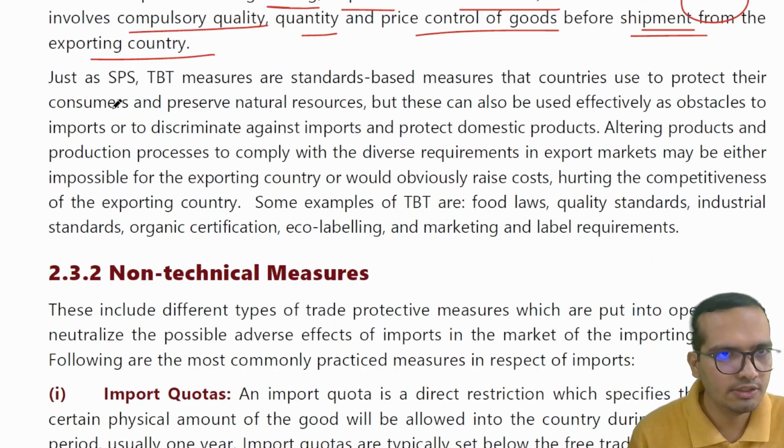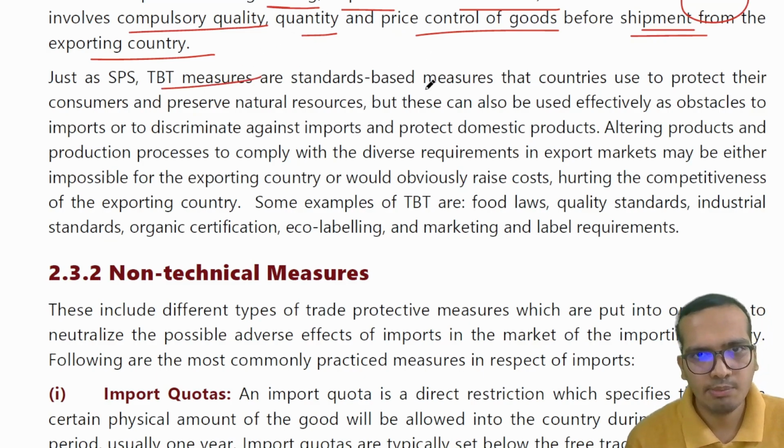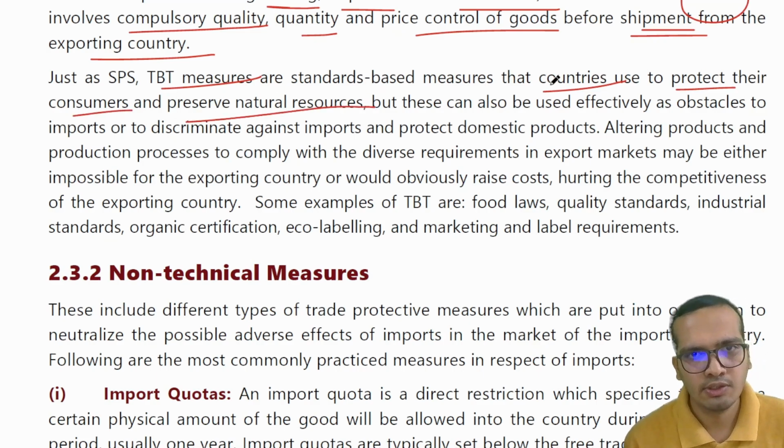Just as SPS, TBT measures are standard-based measures that countries use to protect their consumers and preserve natural resources, but these can also be used effectively as obstacles to imports or to discriminate against imports and protect domestic products.